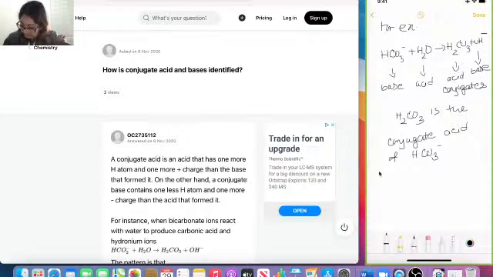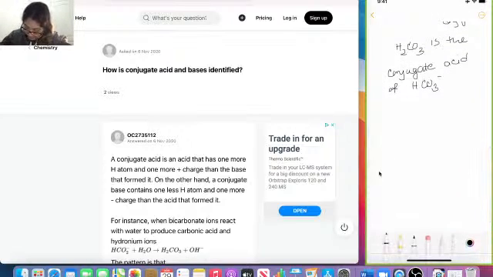You can also say that water, H2O, becomes OH, right? So the OH negative that comes from the water molecule here is the conjugate base of H2O.